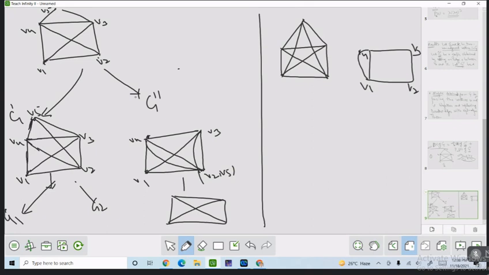Okay, and this edge will be parallel to this edge. Okay, and this edge will be parallel to the diagonal, this one. Okay, are you getting it? Now this is not simple. What will you do?